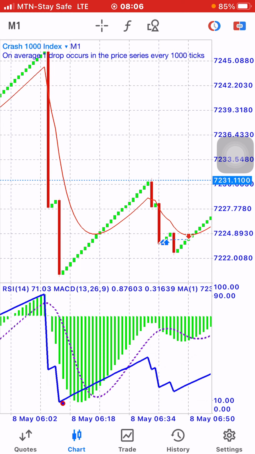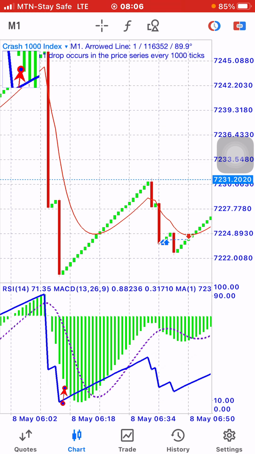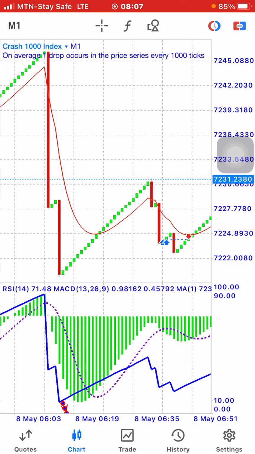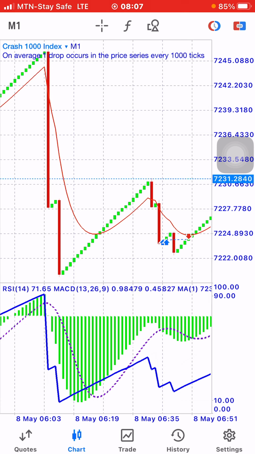Measure from where the spike occurred down on this blue line to see if this blue line is touching the 10th level. Look on your right-hand side, you have 10 here, and up here you have 90 and 100.